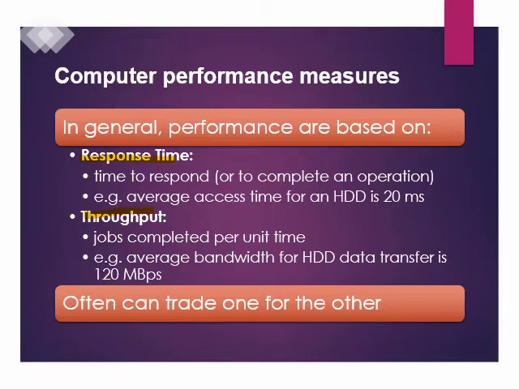And often there's a trade-off. Sometimes if we want a faster response time, the throughput has to be smaller, just like the Boeing. If you want more jobs to be completed, then maybe the response time has to be longer. So it depends on what you want in computer performance.